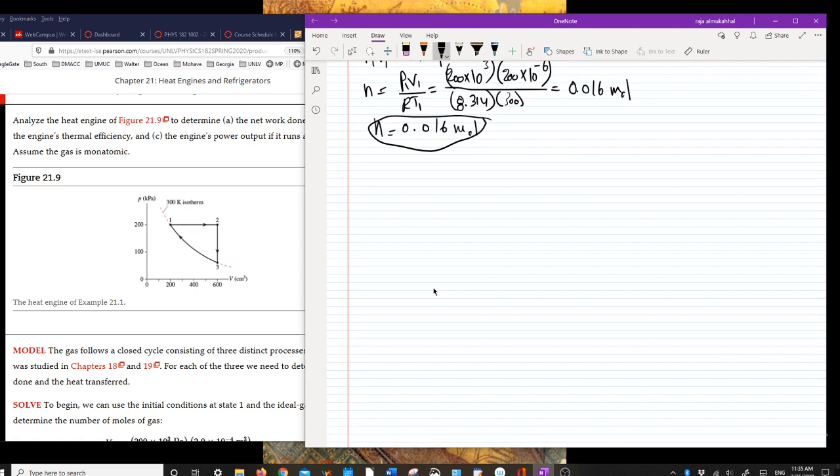Okay, so let's take the cycle from 1 to 2. As you can see, here's the diagram right here. Now I'm going to use my mouse. Let's look at this one. From 1 to 2 here, what do we have?